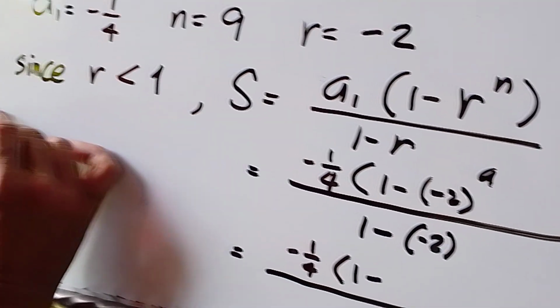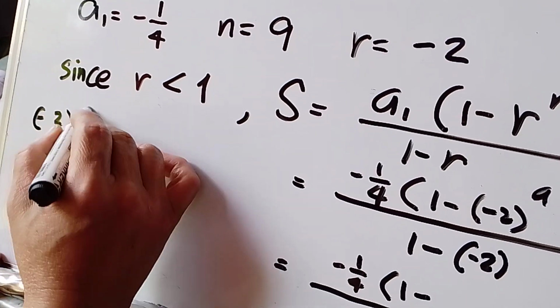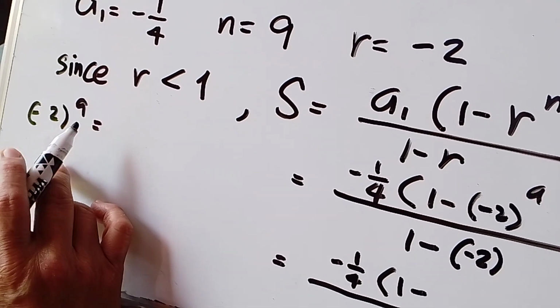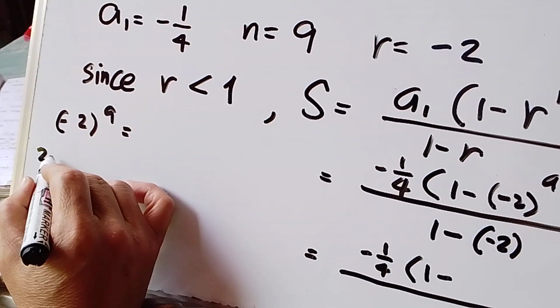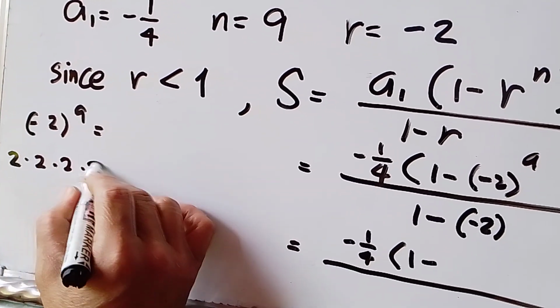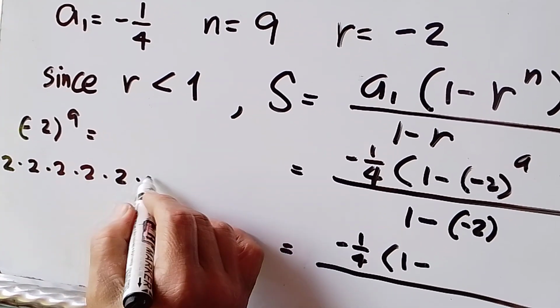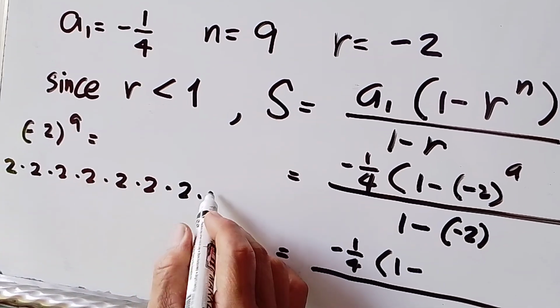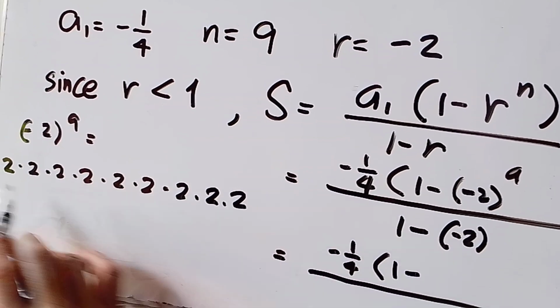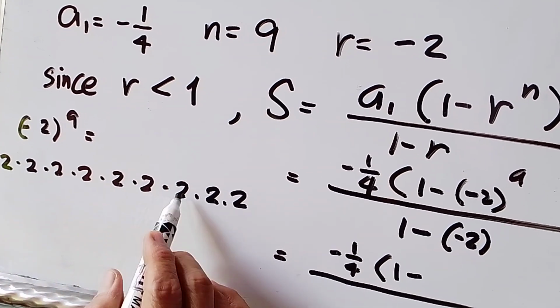Take note, if you have negative 2 raised to the 9th power, that is 9 times: 2 times 2 times 2, and so on. 1, 2, 3, 4, 5, 6, 7, 8, 9.